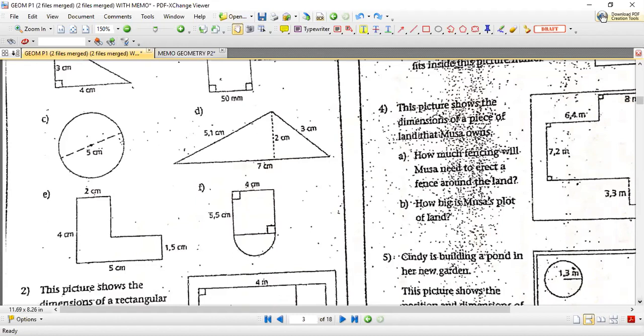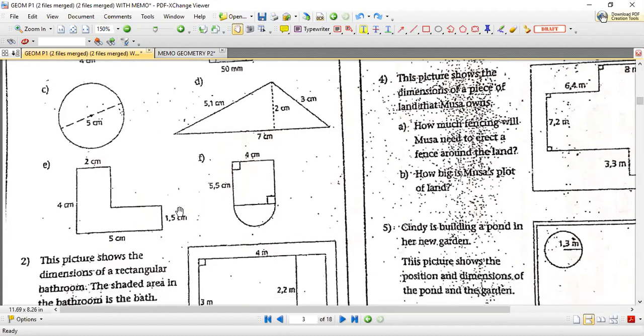In figure 1E, now in this figure, if we had to calculate the area of this figure, we do not have a formula for an L-shaped figure.